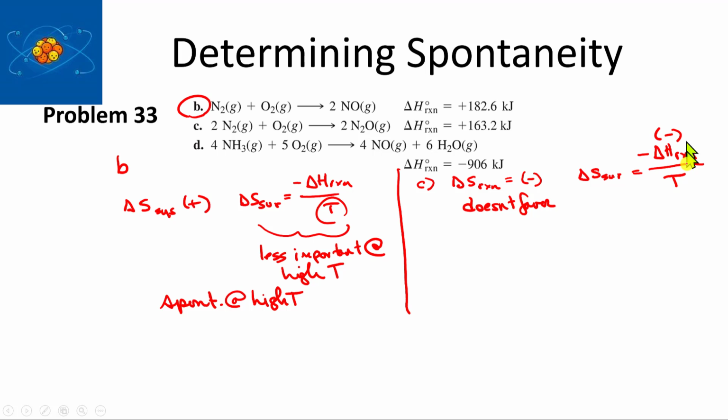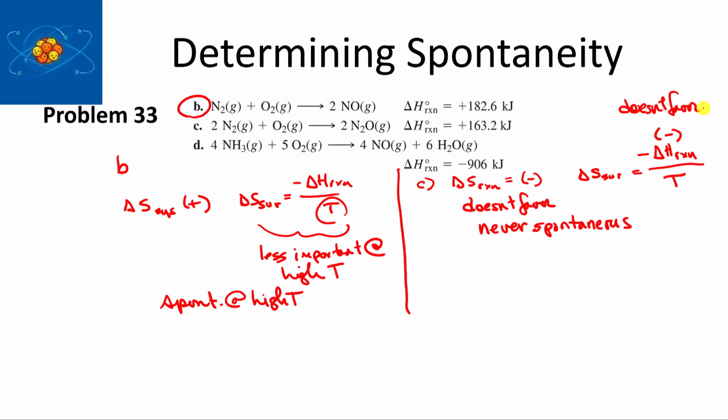And so as a result, entropy for the universe is always negative, and this reaction is never spontaneous. So this one doesn't favor either, I should say.